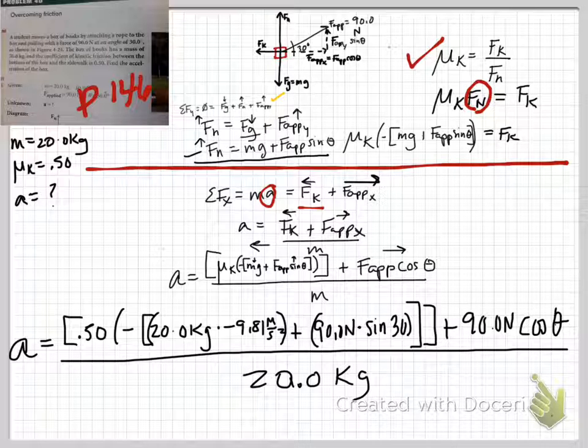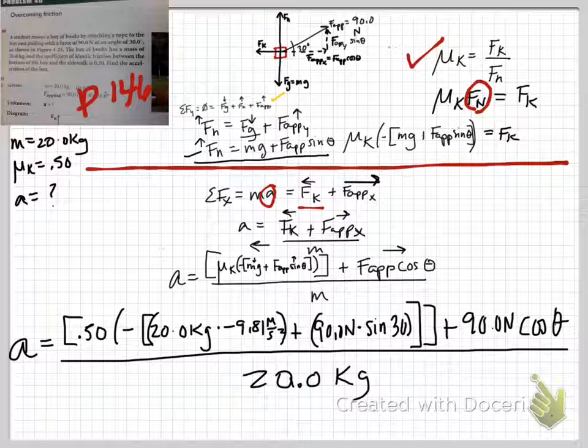Let's see. Let me highlight this to the best of my ability. So you're asking if this entire thing is negative? That whole bracket. Well, that whole entire bracket is force of kinetic friction. So I wouldn't put a negative in front of it.